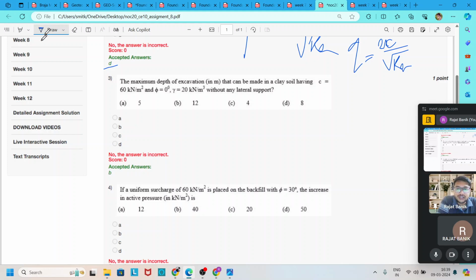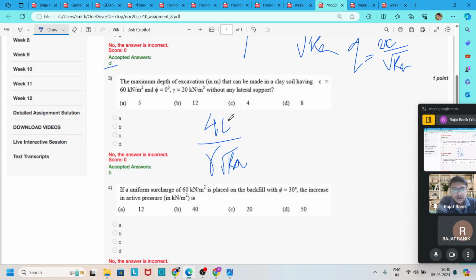We also discussed this type of question in today's class, in finding the tension crack zone. We know the maximum depth we can excavate in a C-phi soil without any lateral support is 4C divided by gamma into root Ka.